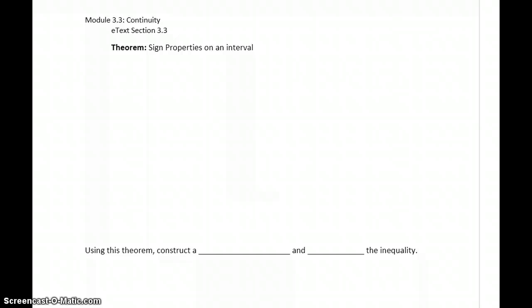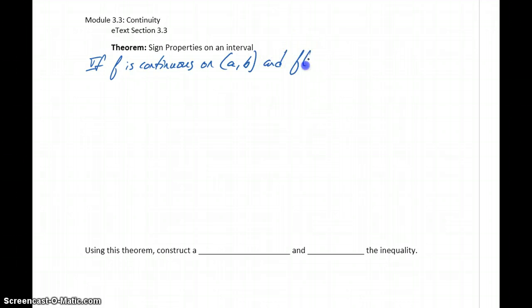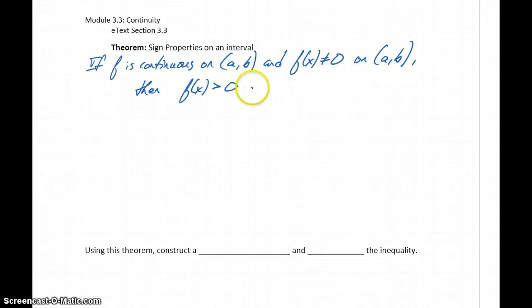The sign properties on an interval state that if f is continuous on some open interval a to b, and our function value is never equal to 0 for all values of x on that interval from a to b, then either our function value is strictly positive or strictly negative.